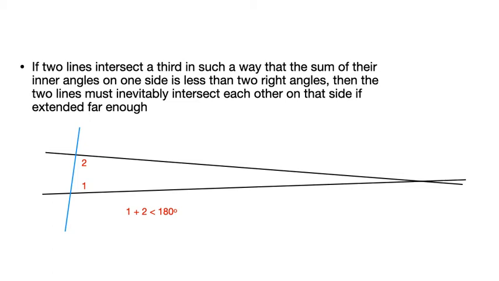So here are two black lines intersected by a third, the blue line, and if angles 1 plus 2 are less than 180 degrees, then these two black lines must intersect at some point, and here they are intersecting.